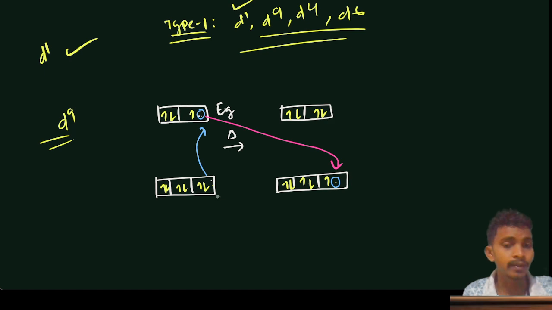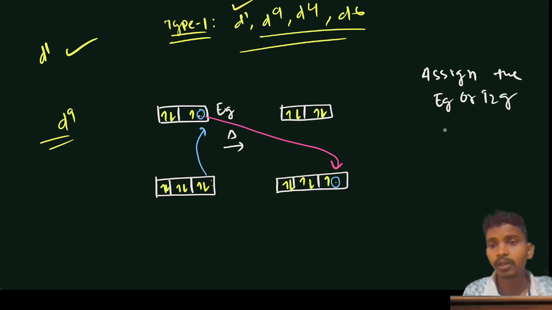I will not assign here; I will assign EG and T2G where the degenerate states are. Okay, you can write: assign EG or T2G where degenerate states are present.